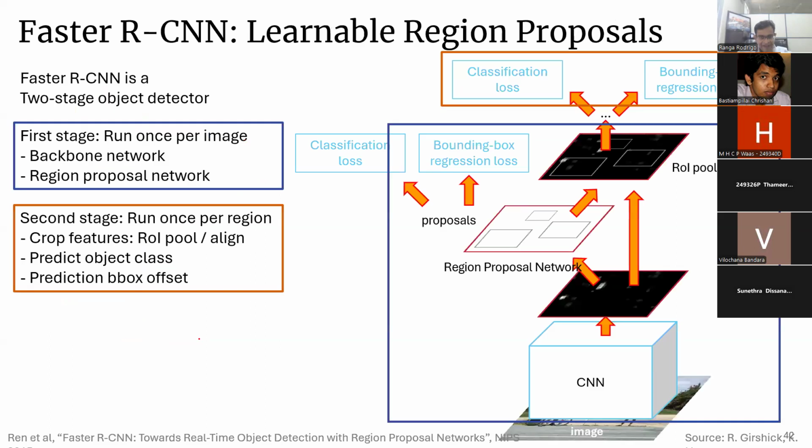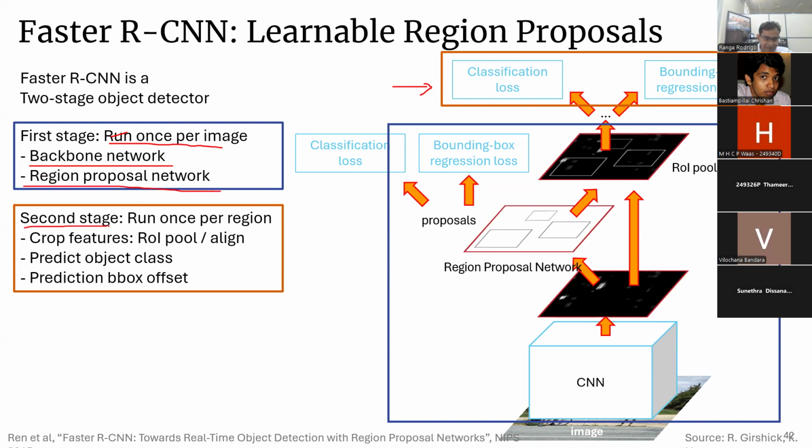Okay, let's move forward. Faster RCNN, learnable object proposals. Because there is the region proposal network also, there is a certain way of computing this. Faster RCNN is a two-stage object detector because the region proposal network and the detection stage are there. So first stage, run once per image: backbone network and the region proposal network.